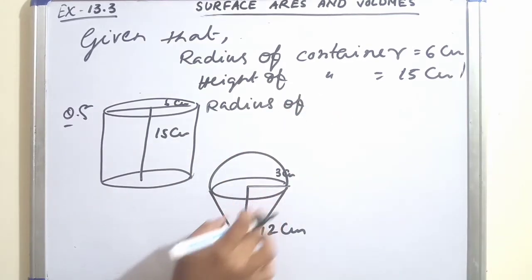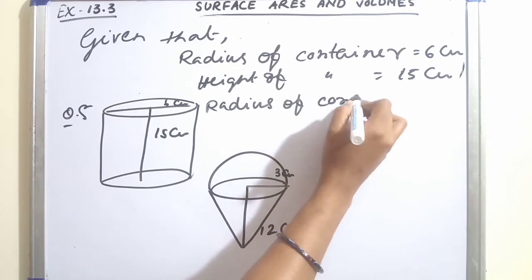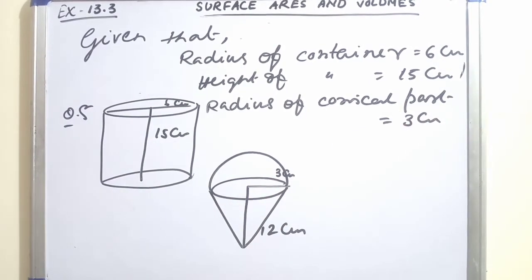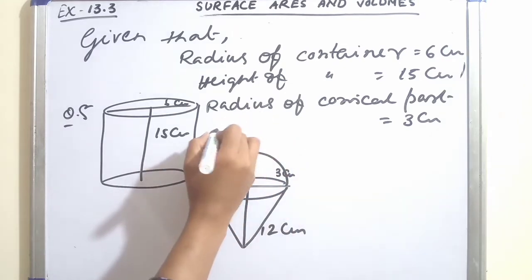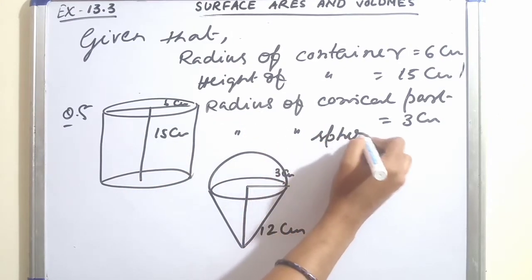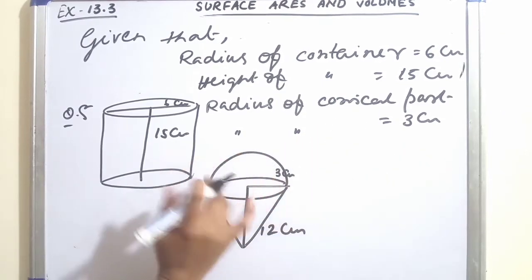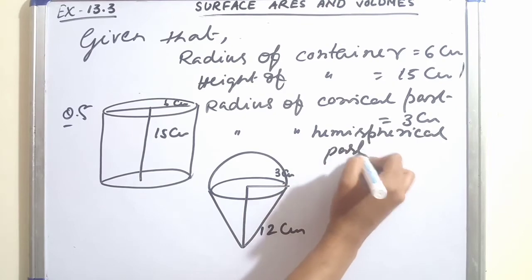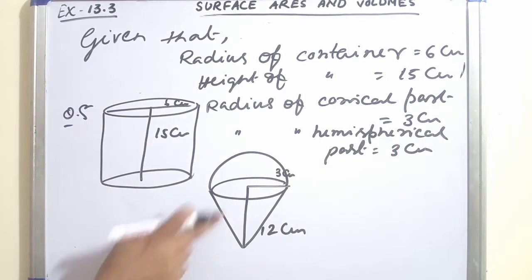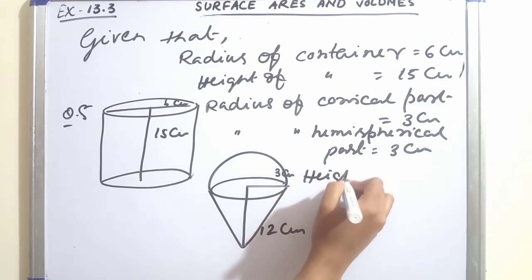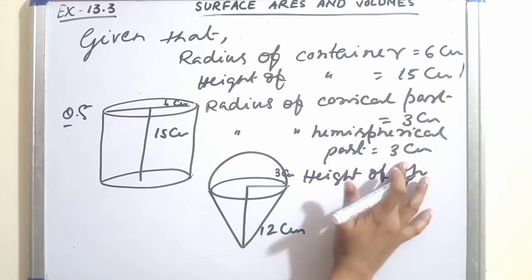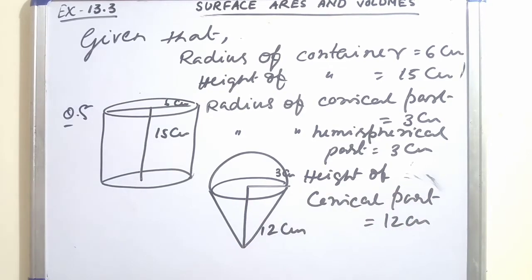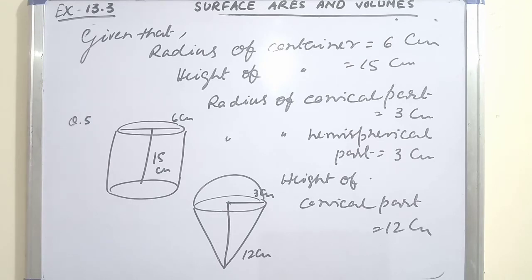The radius of this conical part is equal to 3 centimeter, and the radius of the hemispherical part is also equal to 3 centimeter, and the height of the conical part is equal to 12 centimeter. Suppose n ice cream cones can be filled with ice cream in the container.